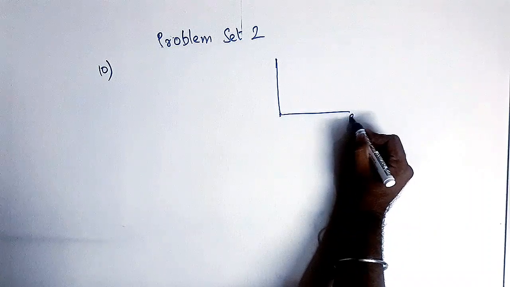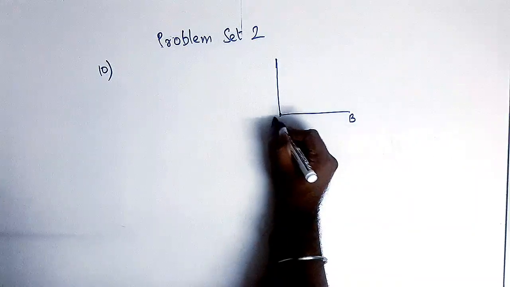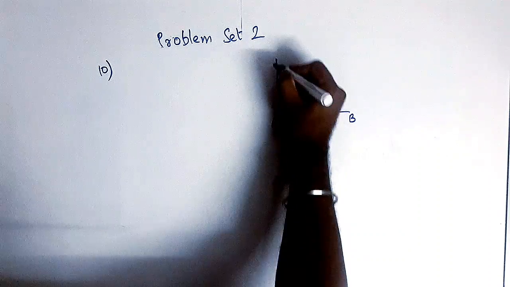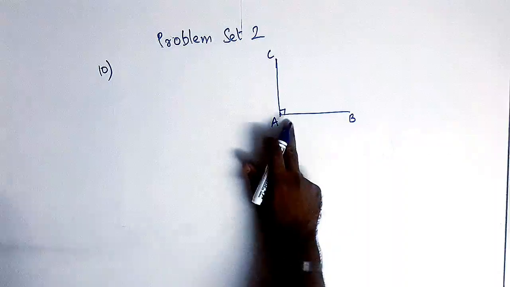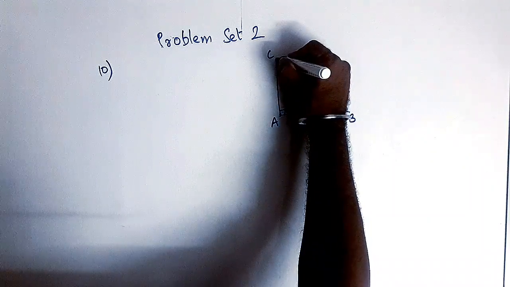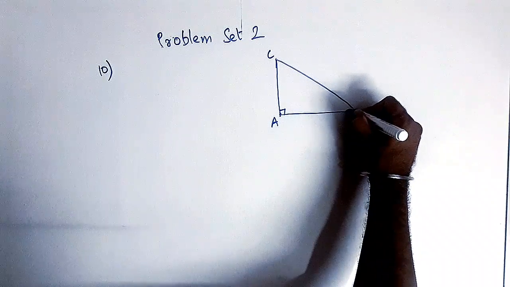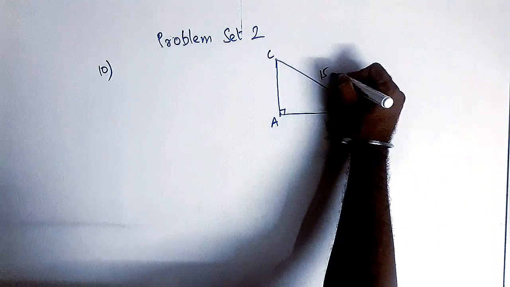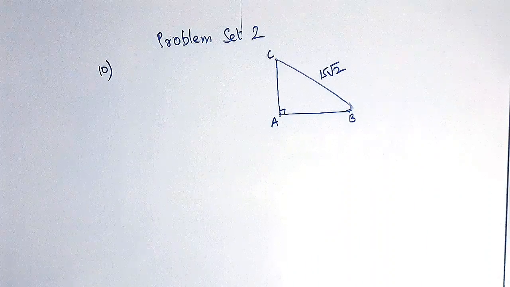Now Pranali is here at point B. Let this be point A. And Prasad is here at point C. So Pranali is standing here, Prasad is standing here, and the distance between them is 15 root 2.